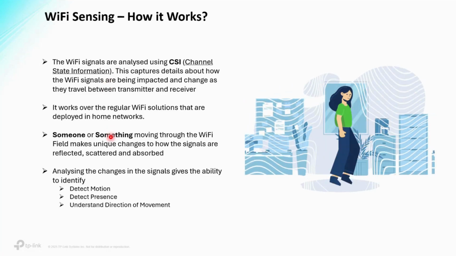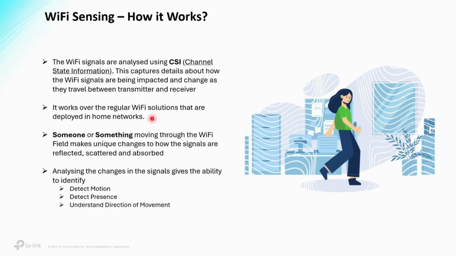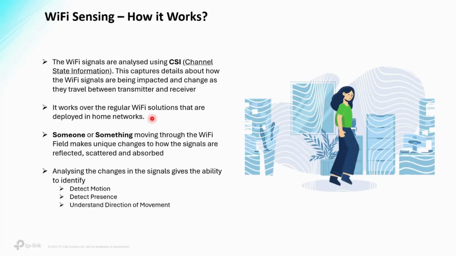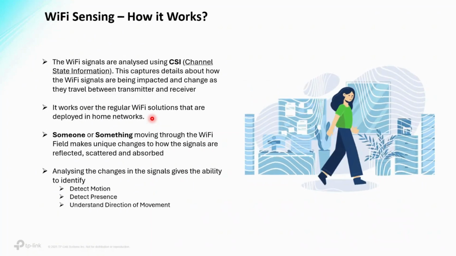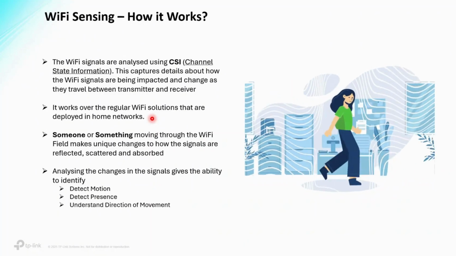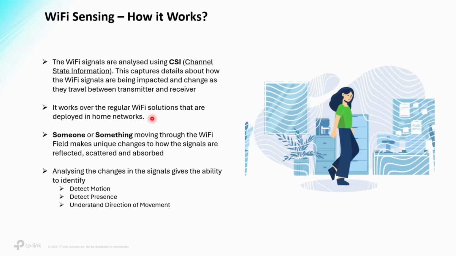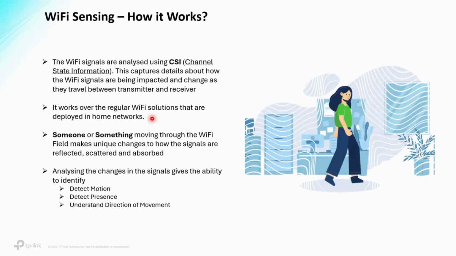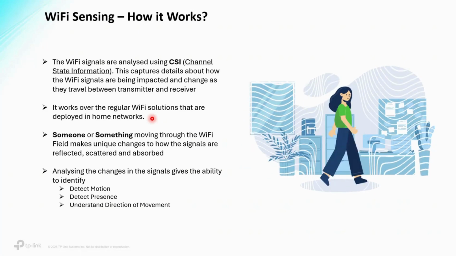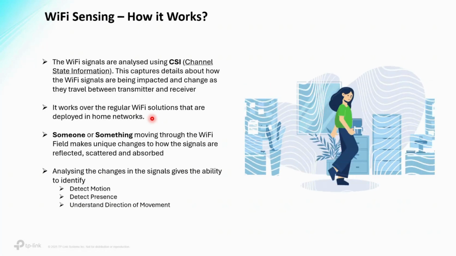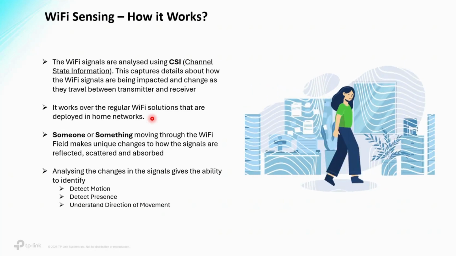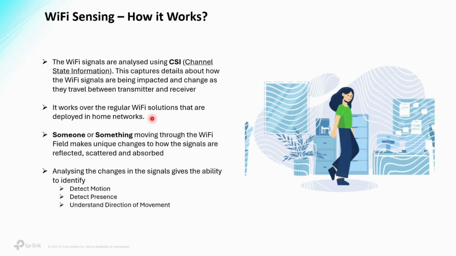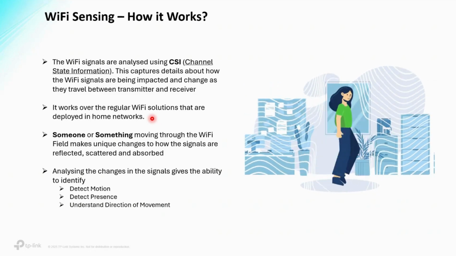The clever stuff then comes from how you interpret and read that channel state information, and how you then use AI in the back end to start understanding what it really means. Someone or something moving through the Wi-Fi field, changing those waves, can be detected as motion, can be detected as positioning, and once the AI gets that sophisticated, it can also detect size and shape.